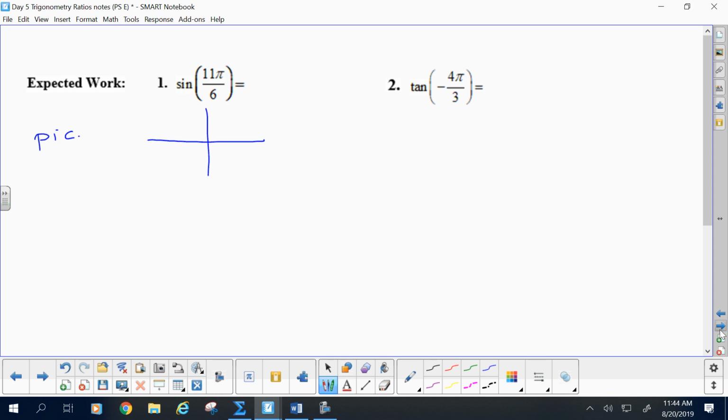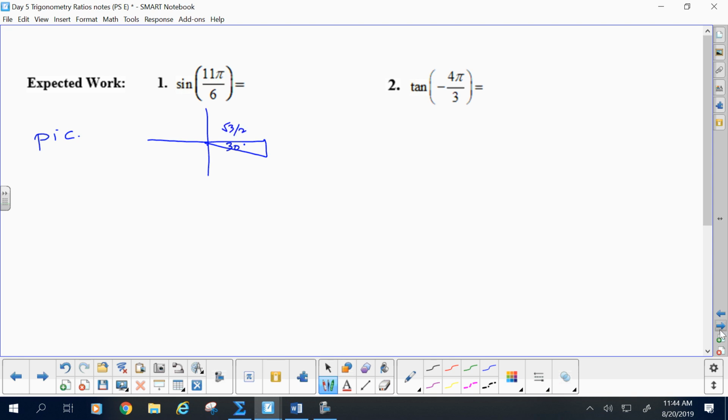11 pi over 6 is what quadrant and what reference angle? Fourth quadrant with a 30-degree angle. Wouldn't you agree that that's 11 30-degree angles? That's 330 degrees, and so that's just 30 degrees shy of 360 degrees. And the long leg in a 30, 60, 90? Root 3 over 2.